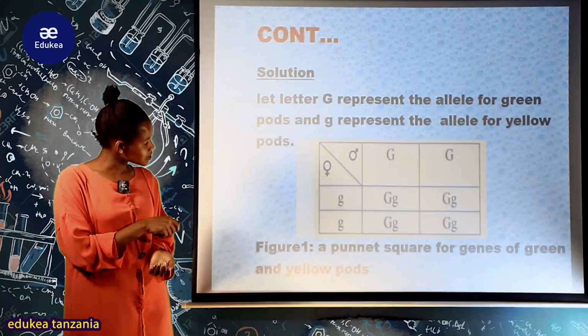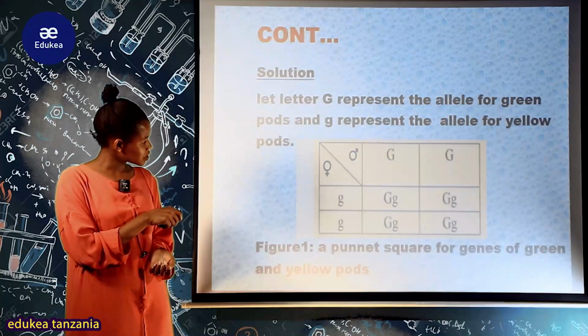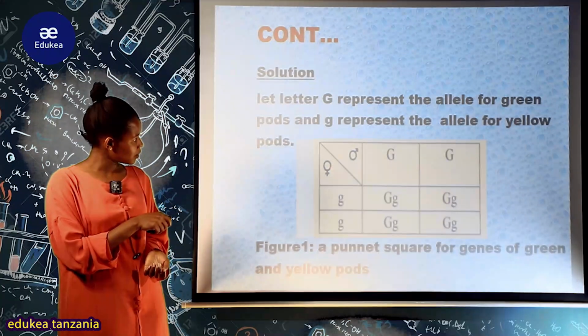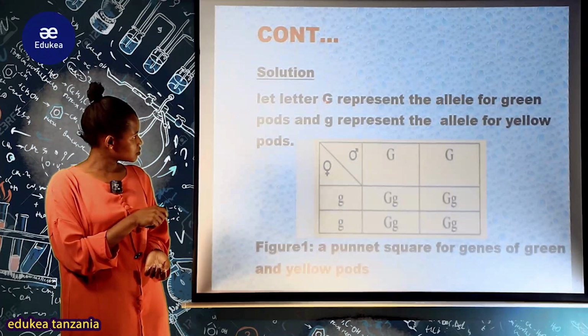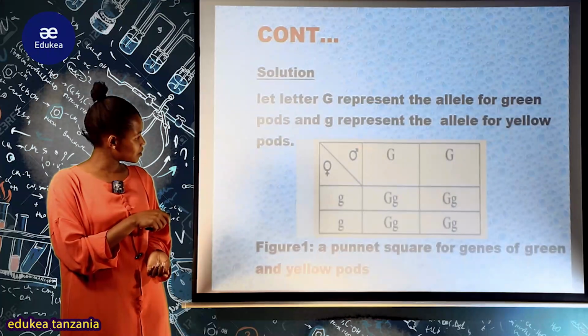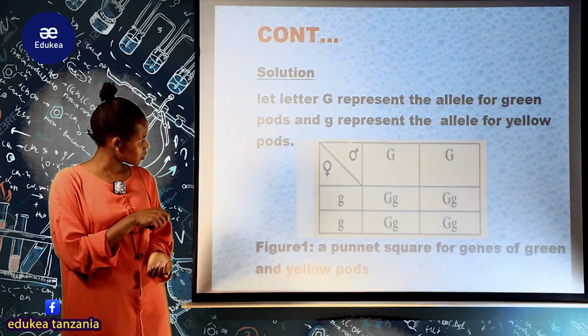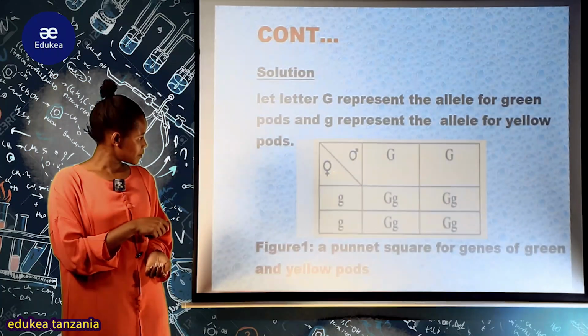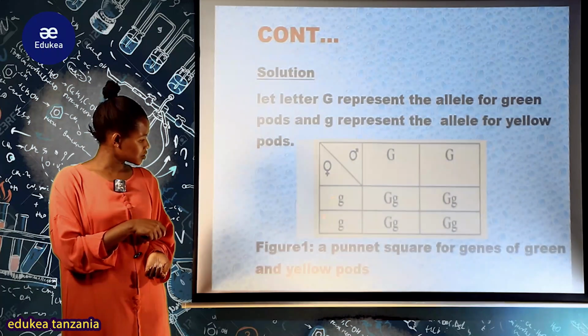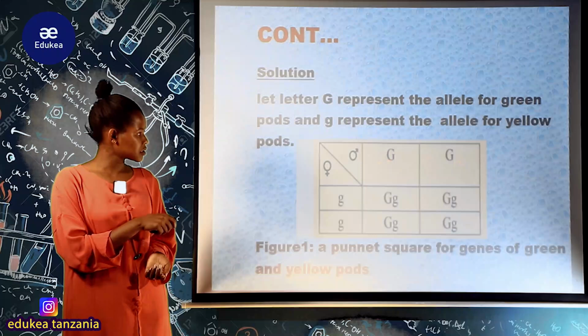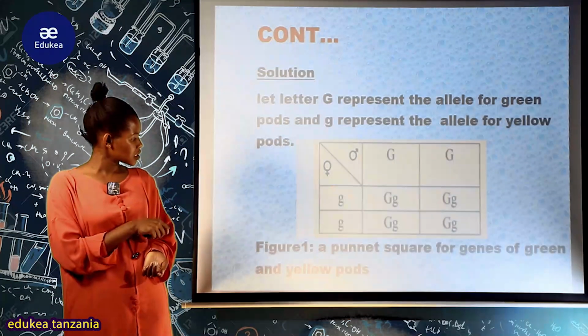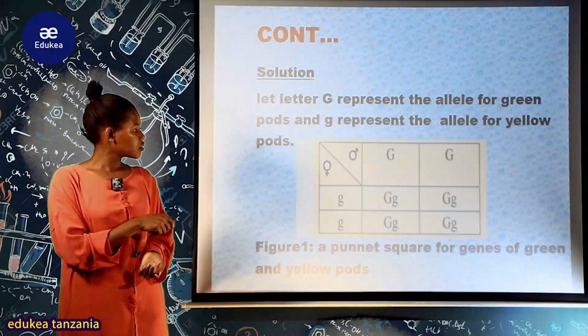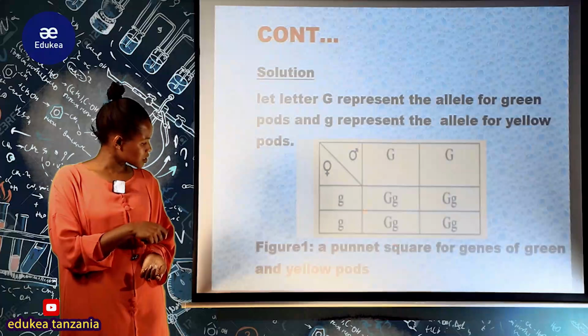After drawing it, tulisema kwamba green pods ziwe na letter G na yellow pods ziwe na small g, capital G small g, kumaanisha kwamba this is dominant and this is recessive. On crossing, possible genotypes tunaziona kama hizi.